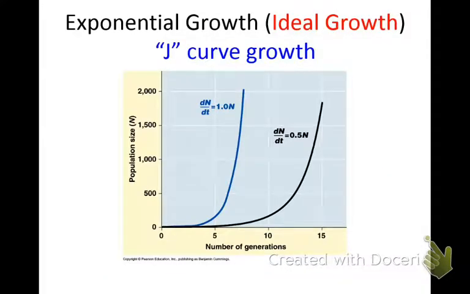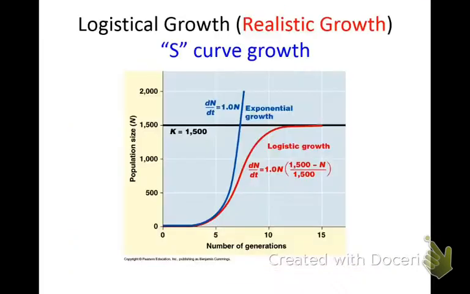You can just draw the blue line, and make sure you have number of generations or time on the bottom, and then population size with an N. Population size is always represented with an N. So take a second, draw that, and then go ahead and draw this one beside the logistic growth model. And right here, you just want to draw the red line, because that's showing you exponential versus logistic.